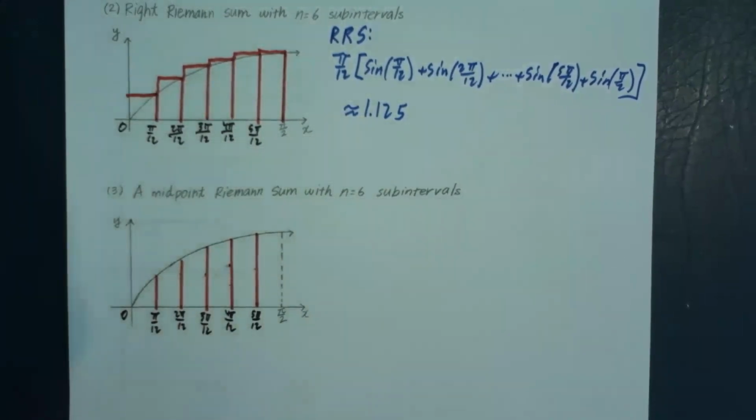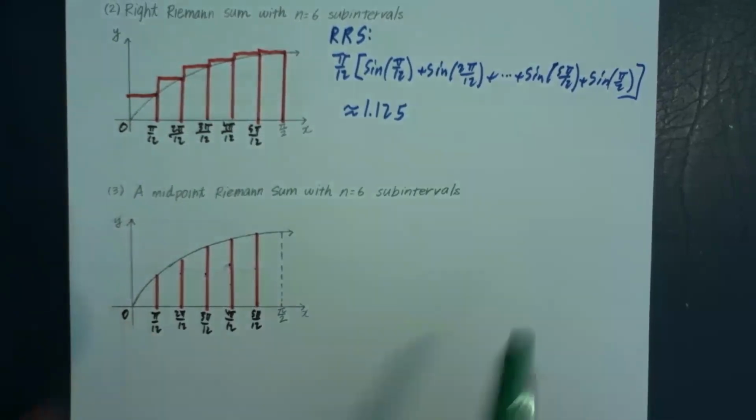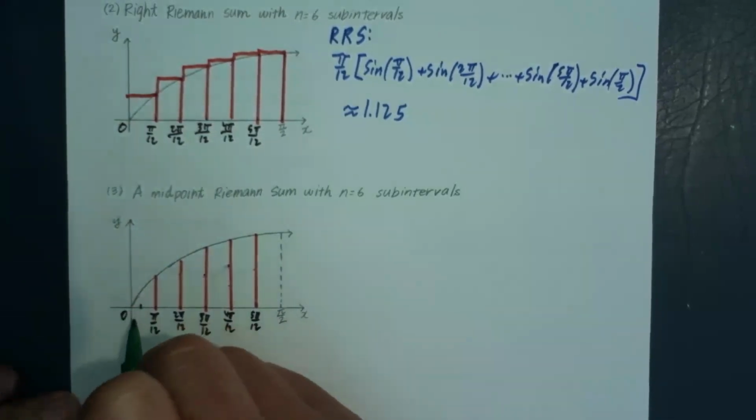However, I now need to find each of the midpoints. How do I find the midpoints? So meaning exactly in the middle here. So what I'm going to do is add up pi over 12 plus 0 divided by 2, and that's going to give me pi over 24.